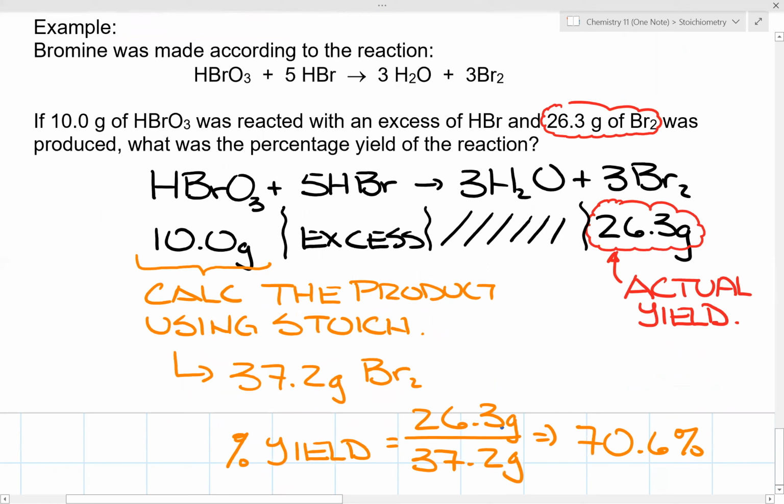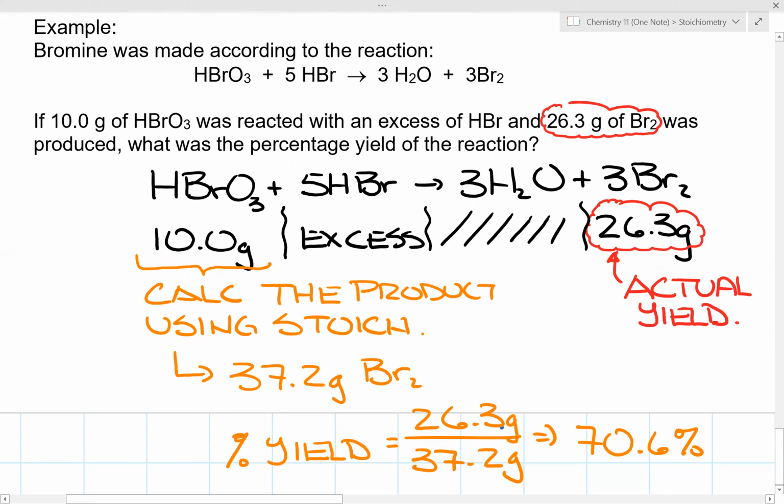All right. Now, this is pretty straightforward. The one thing I wanted you to be aware of before we finish off is notice I said it's excess HBr. The reason why I use the word excess HBr is because then you know that all you need to do is focus on the HBrO3.